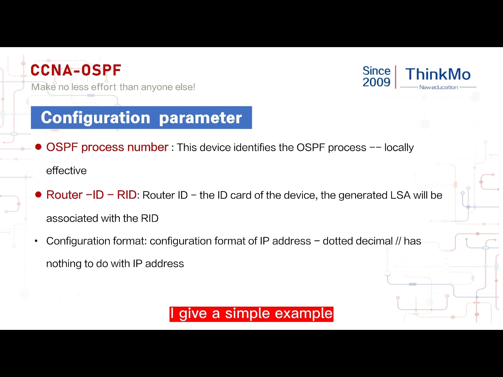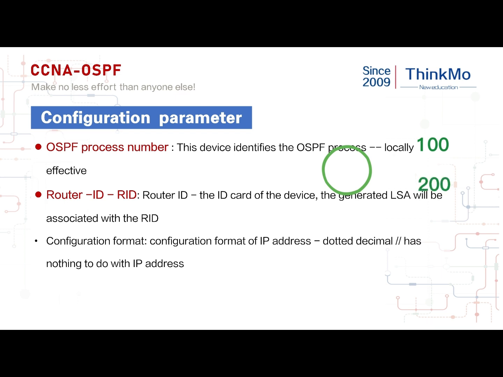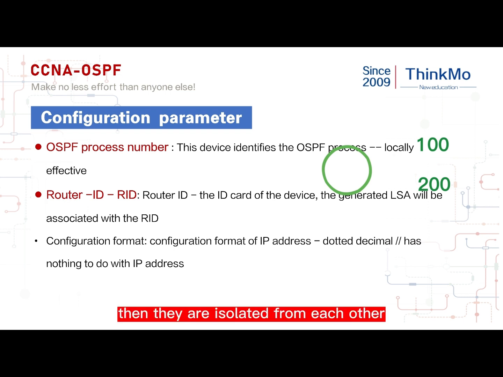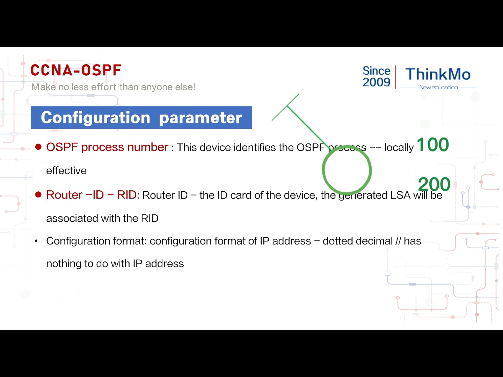I give a simple example. For example, this is a device. I can open OSPF 100 on this device. Open another OSPF 200. Then they are isolated from each other. There is a network segment on this device, 1.1.1.1.